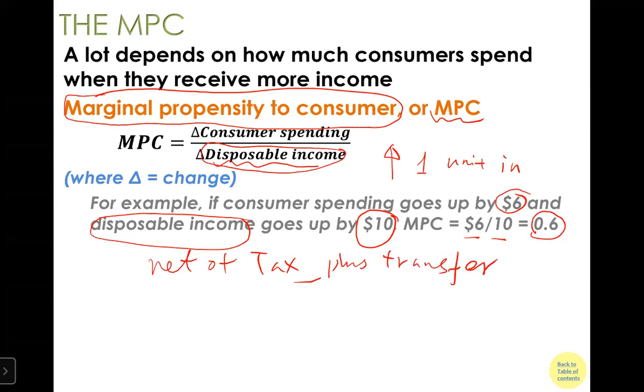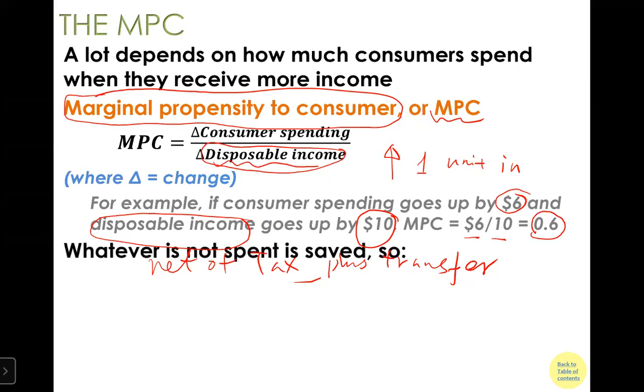This is disposable income, the income you are ready to spend. So this marginal propensity to consume measures the consumer's marginal incentive to spend when they have 1 unit of additional disposable income. So this is MPC.